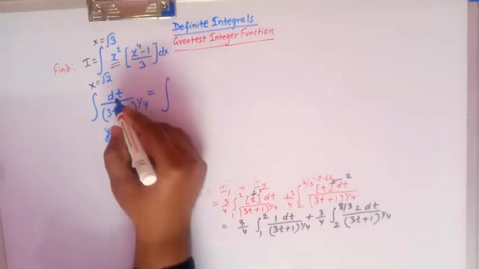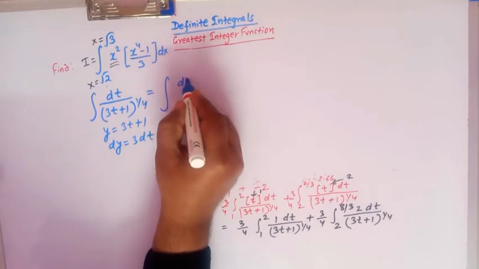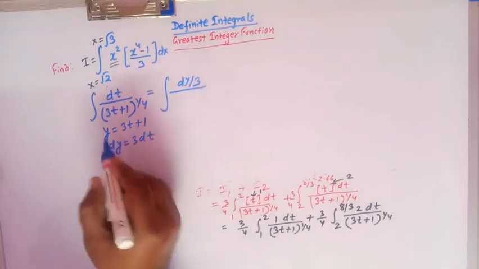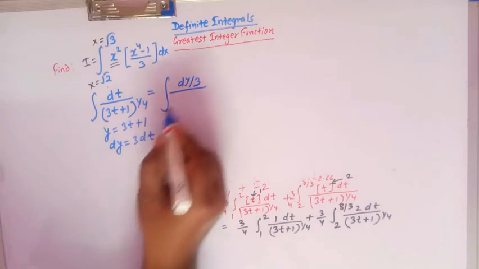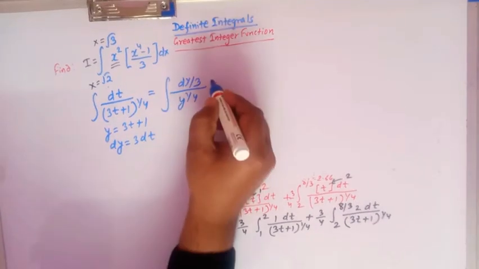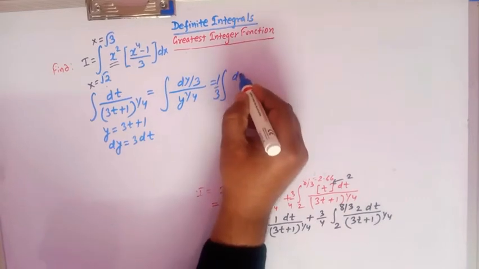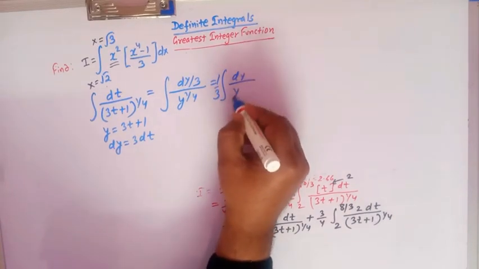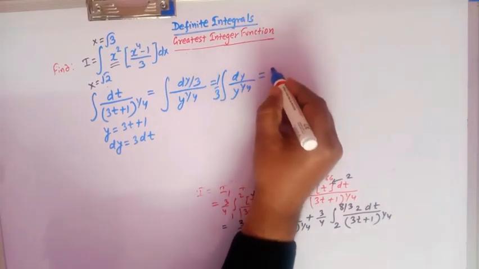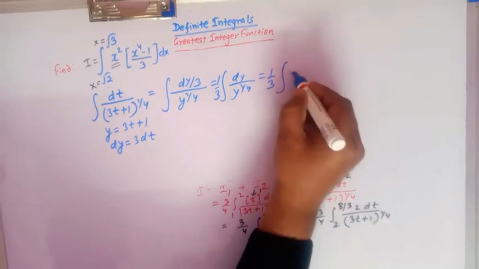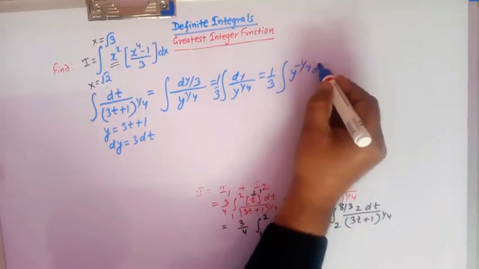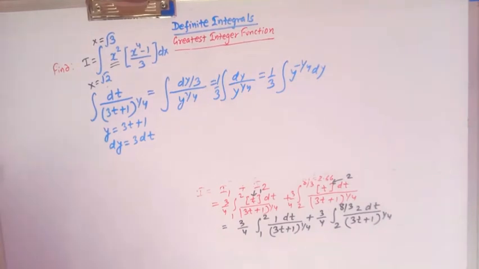So now we can write dt is equal to dy over 3, and for 3t plus 1 we have y raised to 1 over 4. So now we have 1 over 3 dy and y raised to 1 over 4. This is 1 over 3 y raised to minus 1 over 4 dy, right?